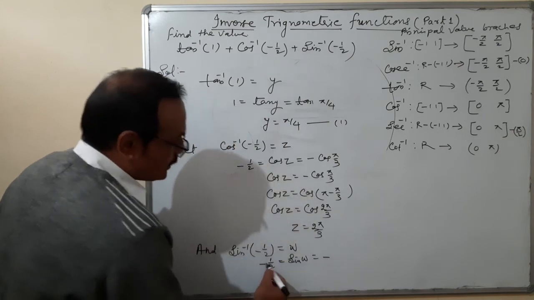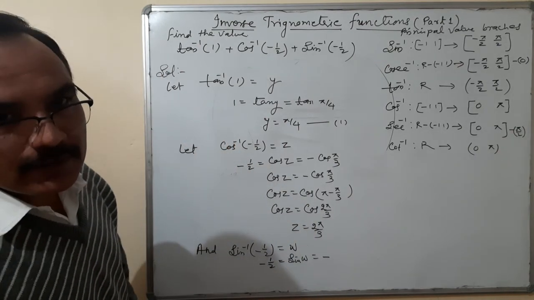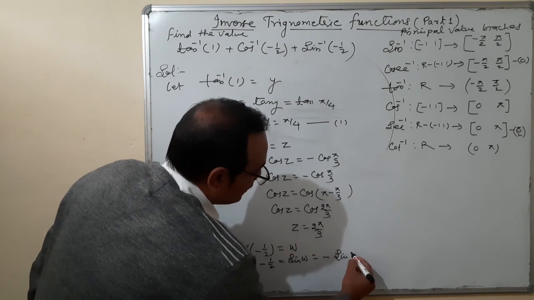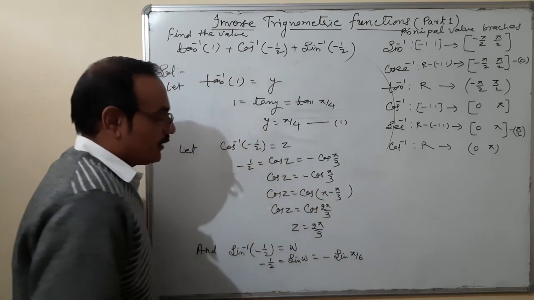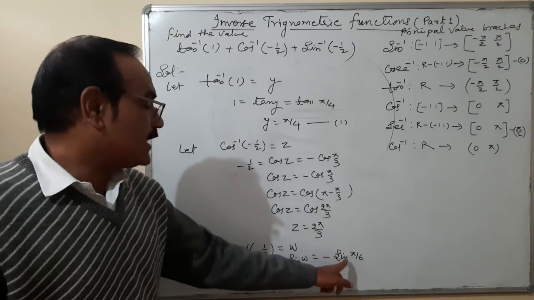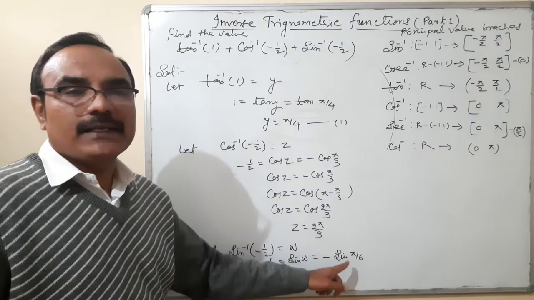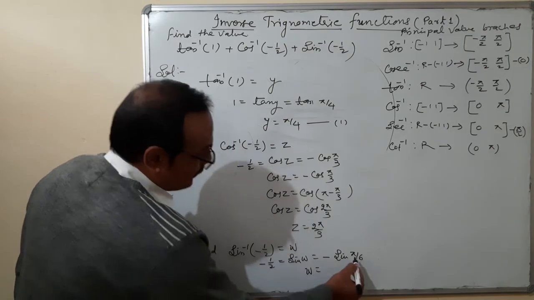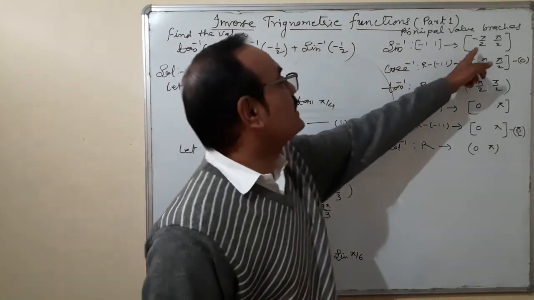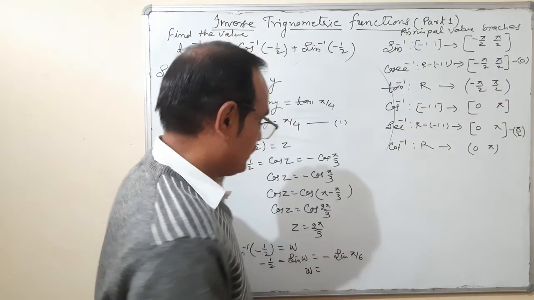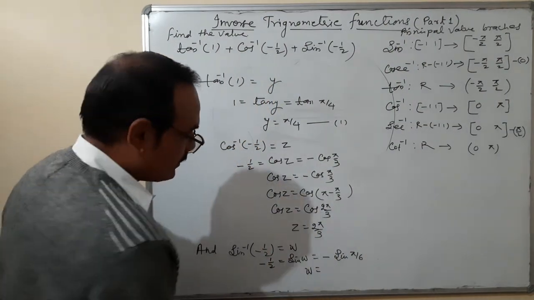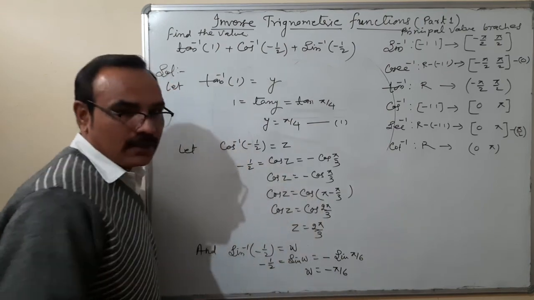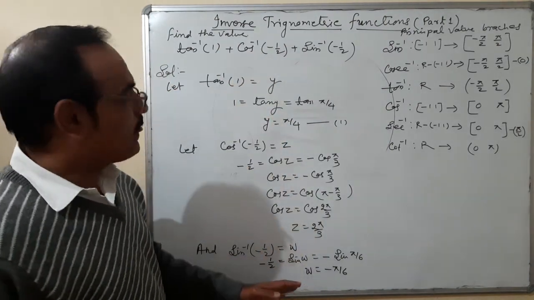And what is the value of 1 by 2 in sine? Sine 30, pi by 6. Sine pi by 6. Okay. Sine minus theta is equal to minus sine theta. What does it mean? The value of sine lies between minus 90 to plus 90, so minus sign is possible here. W is equal to minus pi by 6. Okay.